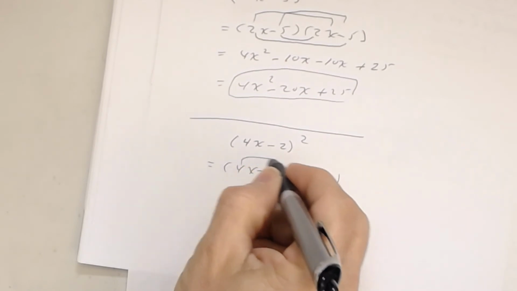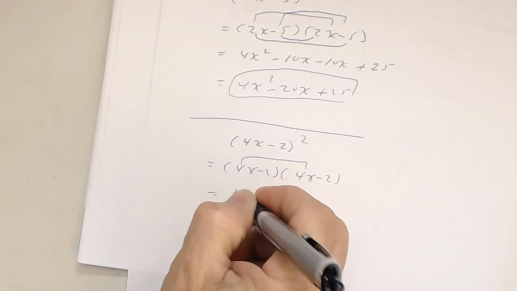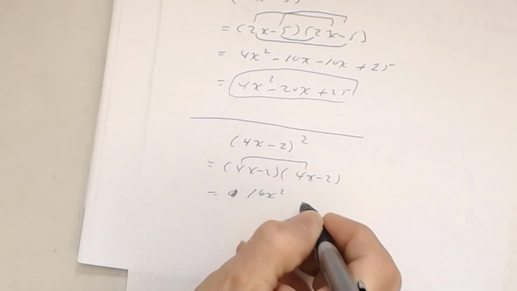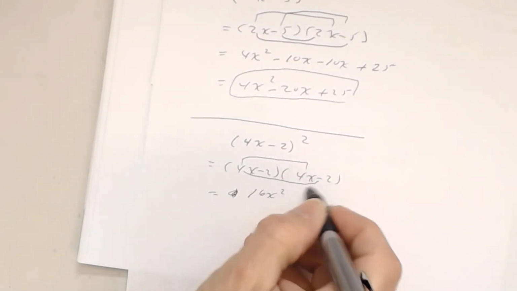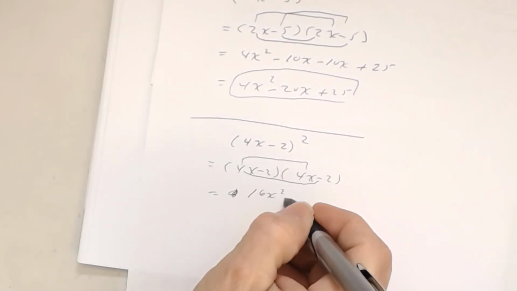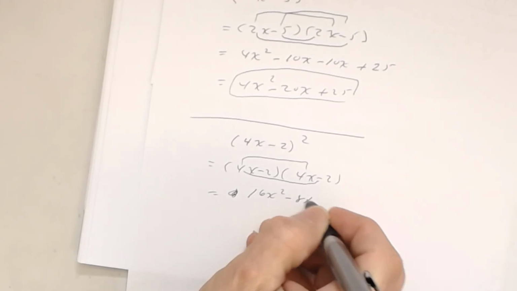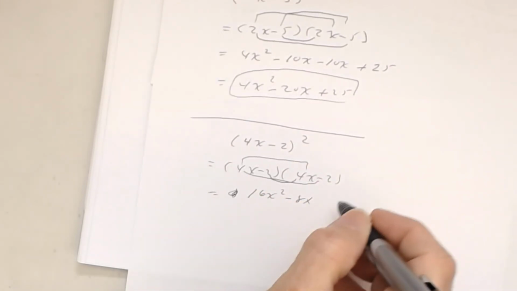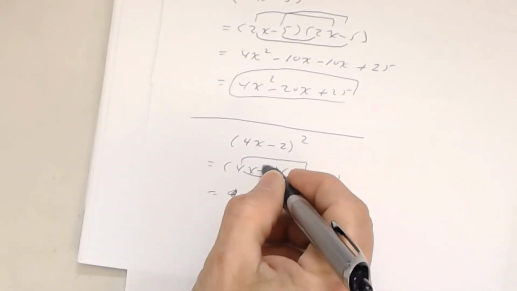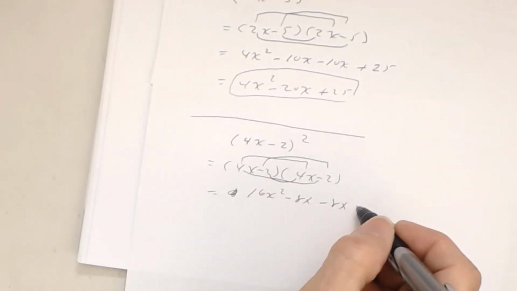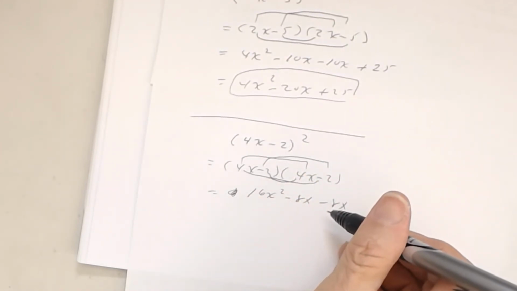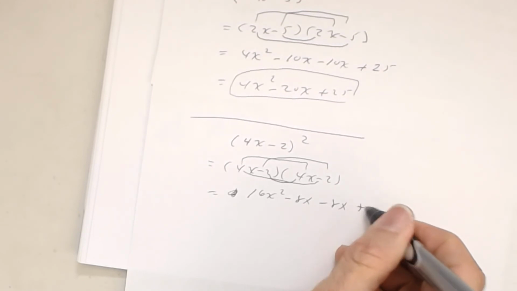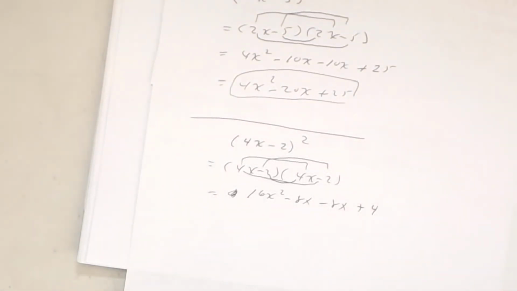What's 4x times 4x? 16x squared. What's the outer? Negative 8x. What's the inner? Negative 8x. And what's the last? A negative times a negative is a positive. Positive 4.